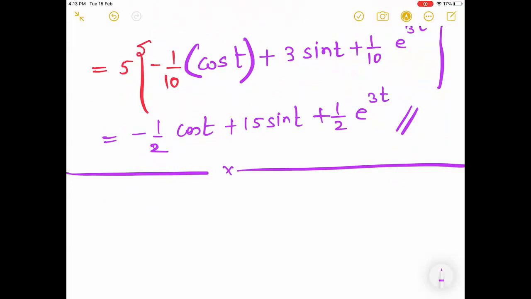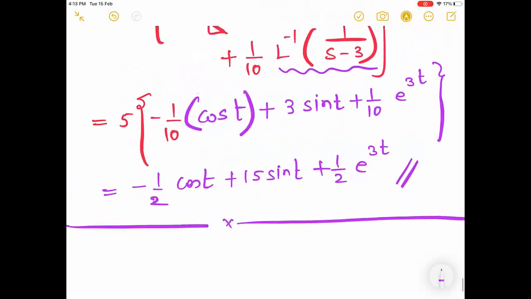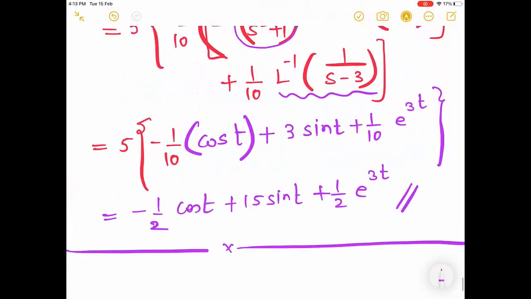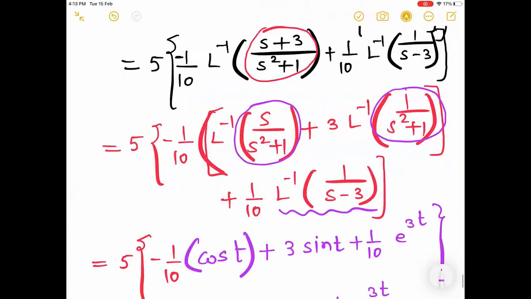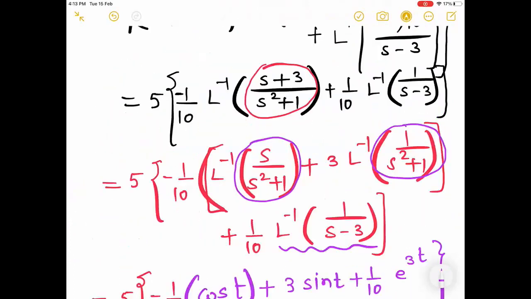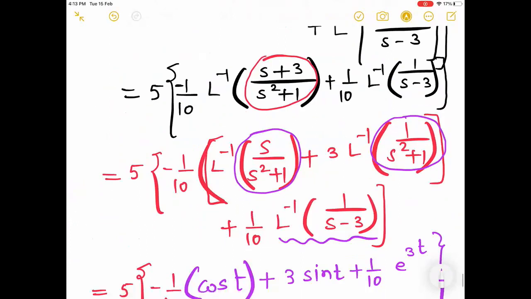Here I have one query. Madam, that first 1 by 10 is also common from the second term, no? 3 sin t. Yes, 3 sin t, correct. So this is actually, and that is minus sign, no? So it will come.